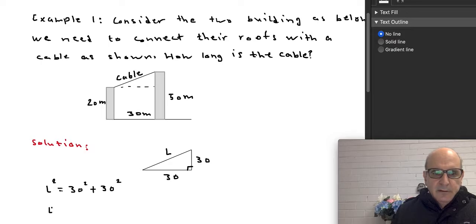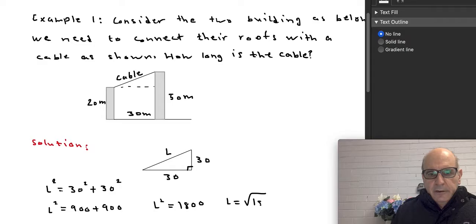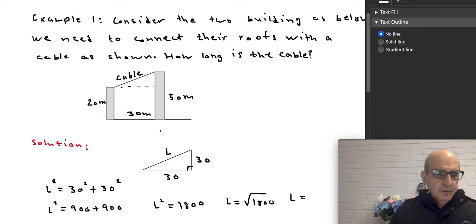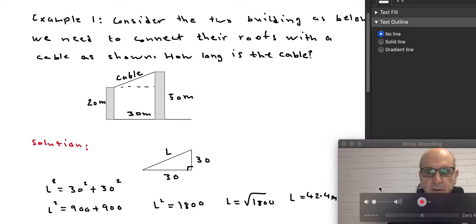And that gives us L squared is equal to 900 plus 900, that gives us 1800 if you add them, and then you square root it to find L. So L is equal to square root of 1800, which is 42.4 to 1 decimal place. So 42.4 meters to 1 decimal place.